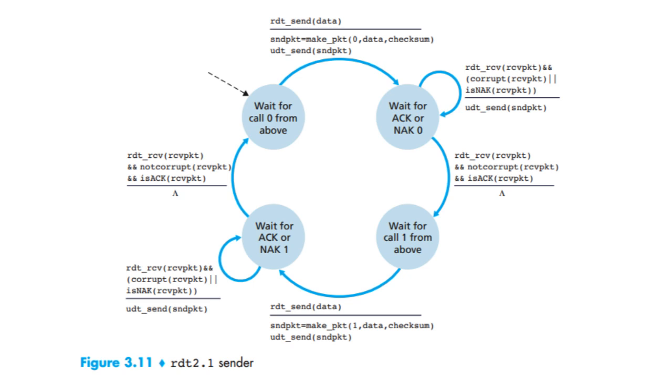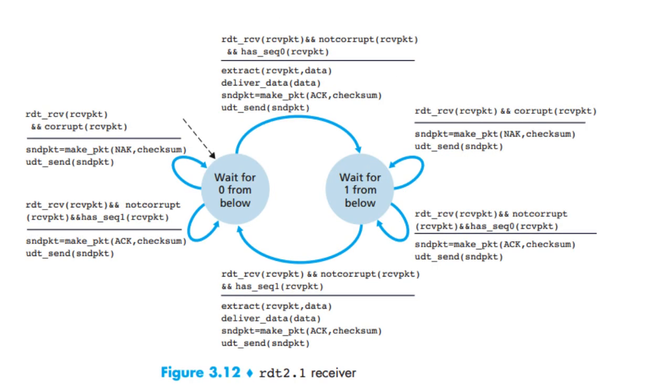A sender that receives two ACKs for the same packet, that is, receives duplicate ACKs, knows that the receiver did not correctly receive the packet following the packet that is being ACKed twice. A simple solution to achieve reliable data transfer is adding a new field to the data packet and having the sender number its data packets by putting a sequence number into this field.